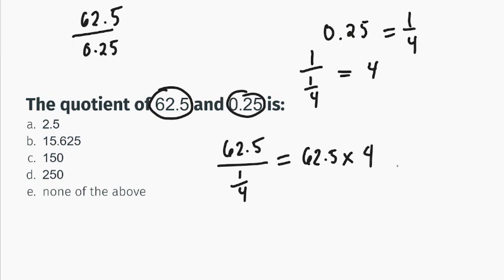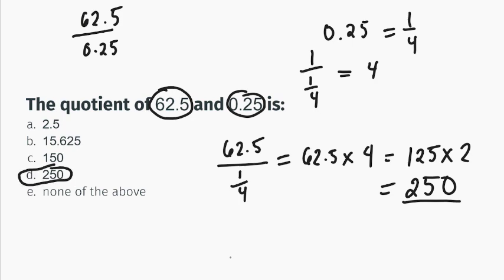So we multiply this by 4 essentially. And this is easy since we're multiplying by 4. If it's not yet obvious, we can multiply it first by 2, so we get 125. Then we multiply this again by 2, which is equal to 250. So the quotient of 62.5 and 0.25 is letter D, 250.